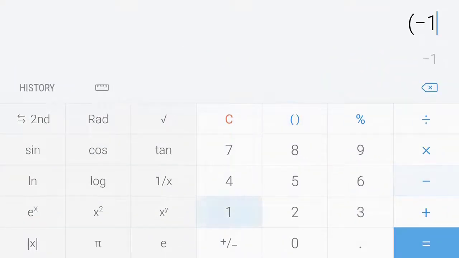Firstly, minus 19 minus, minus 1.28. I missed the minus here. How much is it? Minus 17.72.